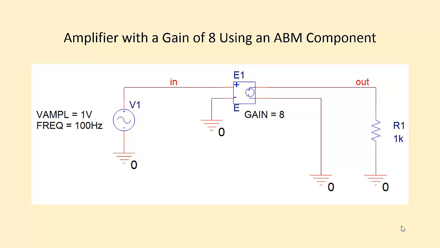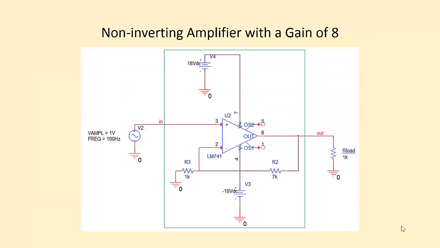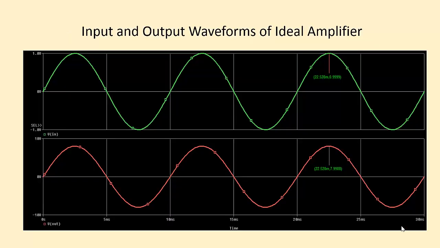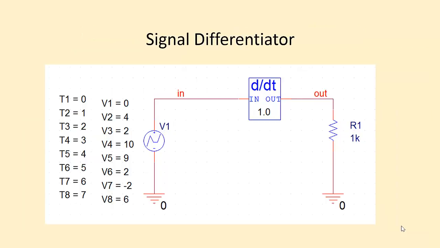So the actual schematic with all the components and the schematic with only the block will give me the same result. Here I have the output waveforms. So if we just care about the input-output relationship, we can use a block. I have also used a signal differentiator in another example.